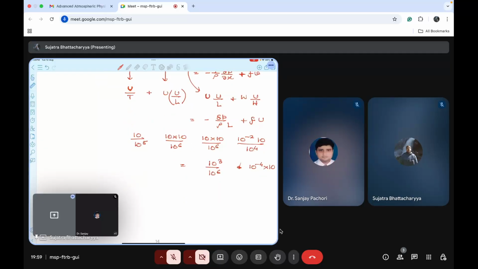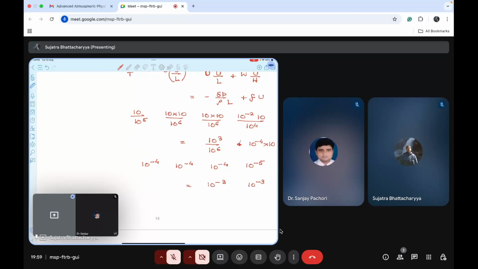So what do you get? 10 to the power minus 4, right? This is 10 squared, so this is also 10 to the power minus 4. This is 10 to the power minus 4. What about this? 10 to the power minus 5. This is 10 to the power minus 3. And what about this? 10 to the power minus 3.